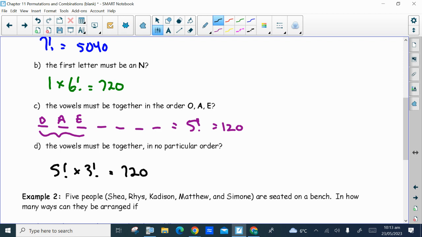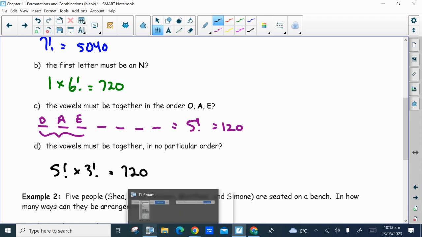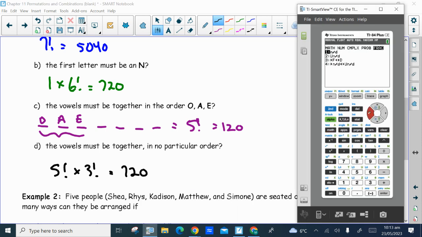We did that up above in part B. Or you could also use the calculator and go 5 factorial times 3 factorial. Same answer. It's equal to 6 factorial.